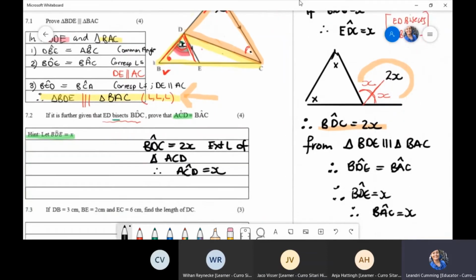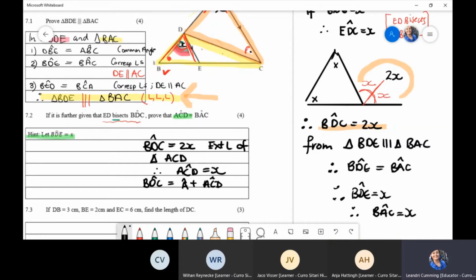Because what is the rule for the exterior angle? Angle BDC is equal to the sum of the interior angles, meaning angle A plus angle ACD.